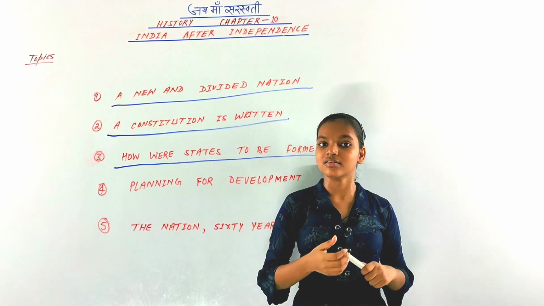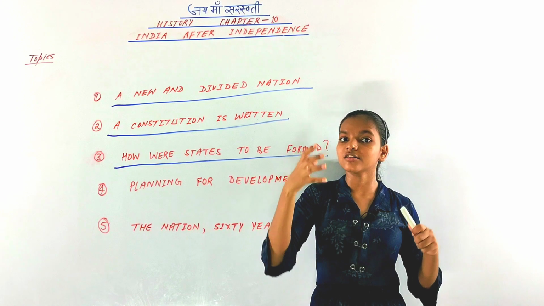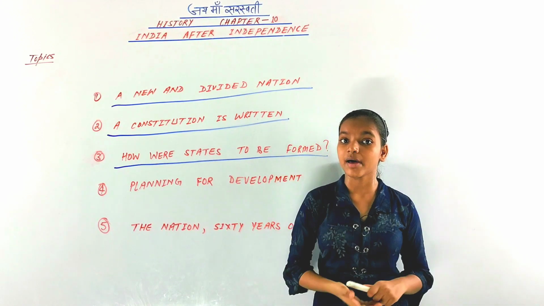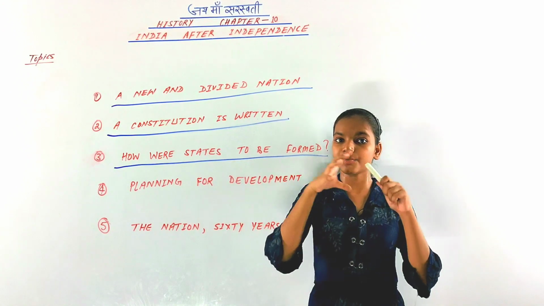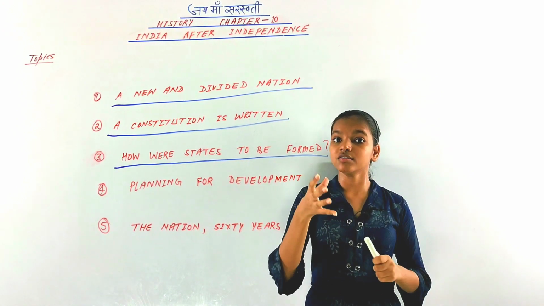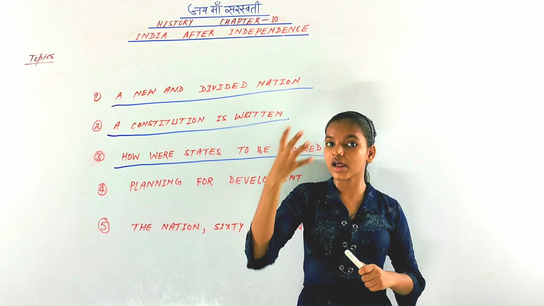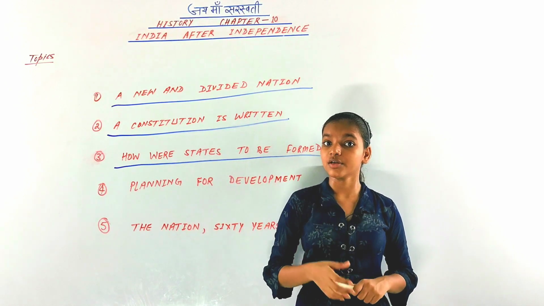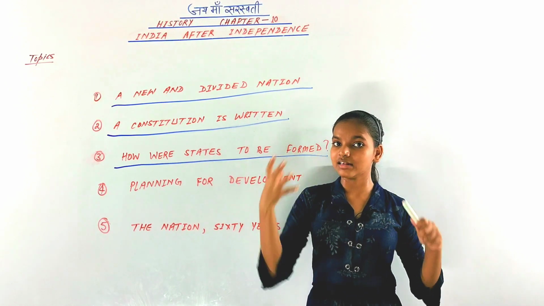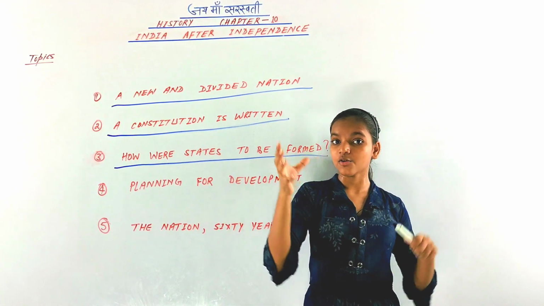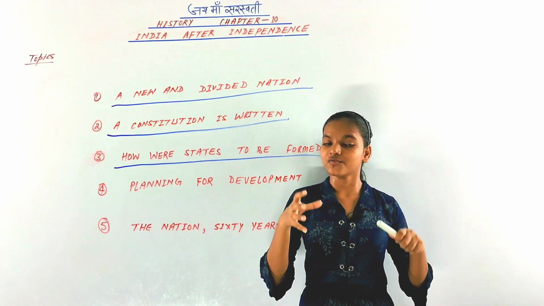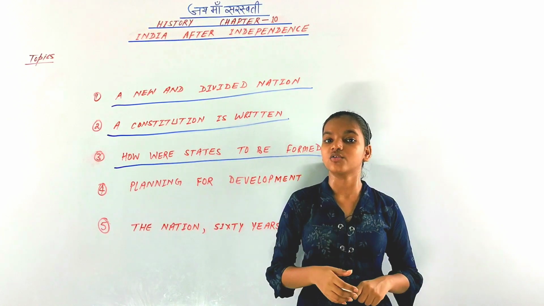And in 1960 the northern parts of India were also being separated. In 1960, Bombay was partitioned into Gujarat and Maharashtra, because there were two groups, Marathi speakers and Gujarati speakers. The Gujarati speakers wanted their own state, so they demanded Gujarat.